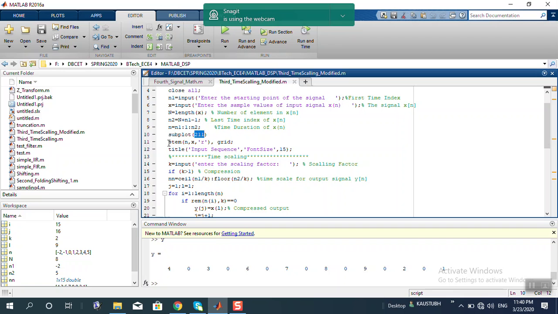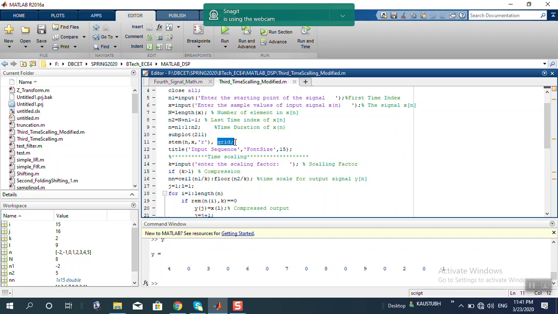And since it is a discrete time signal, instead of plot we are using stem. The first argument is for the x-axis value, the second argument is for the y-axis value. Here my x-axis value is the time scale n, and the y-axis value is the sample values x, and this 'r' represents the color red. You can put 'b' for blue, 'k' for black, 'g' for green, 'y' for yellow, like that.